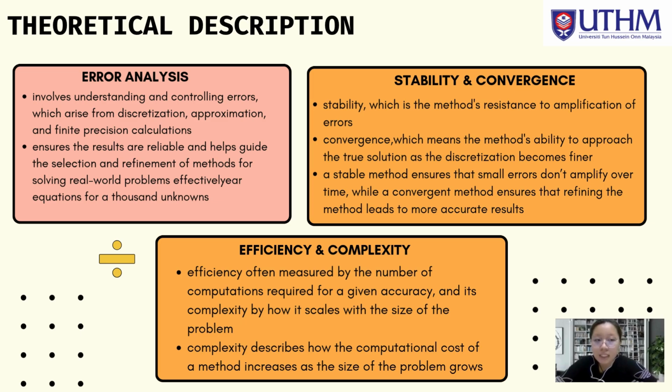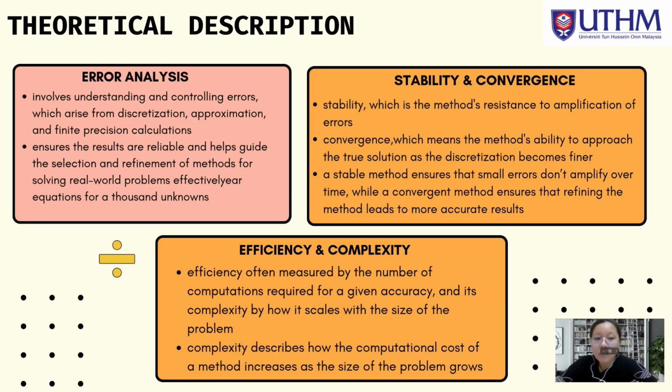By analyzing these errors, we can assess the accuracy, stability, and convergence of numerical algorithms. This ensures the results are reliable and helps guide the selection and refinement of methods for solving real-world problems effectively.